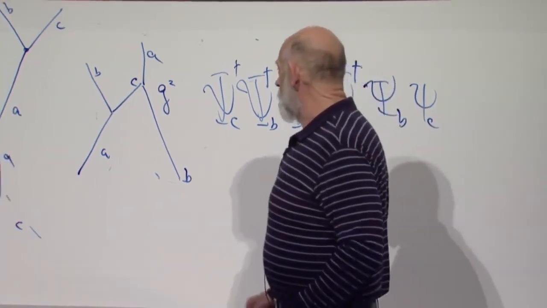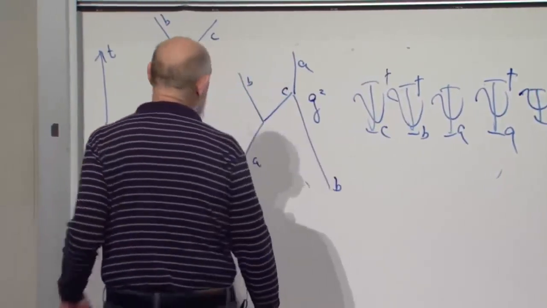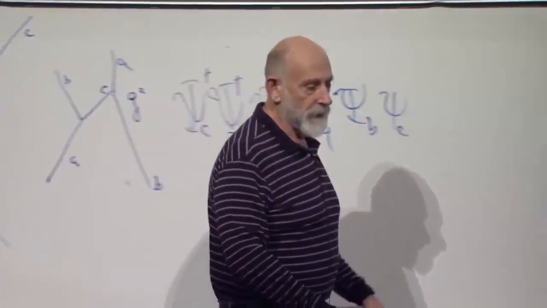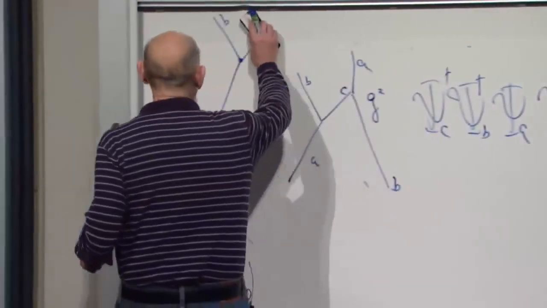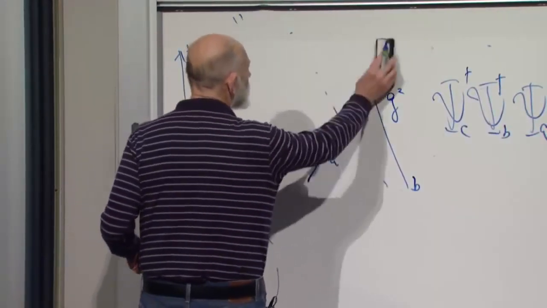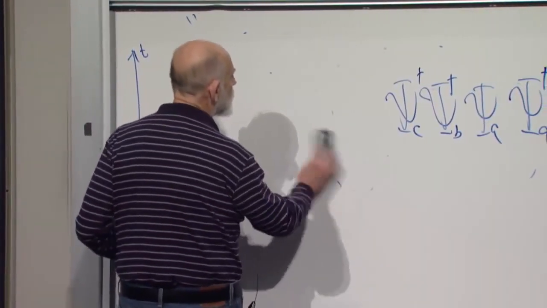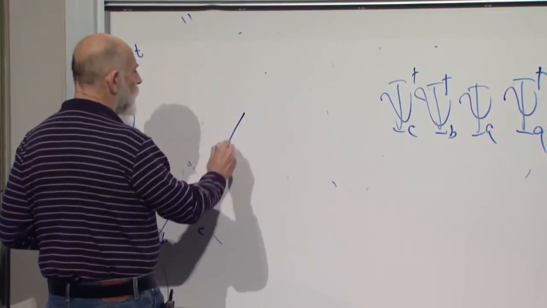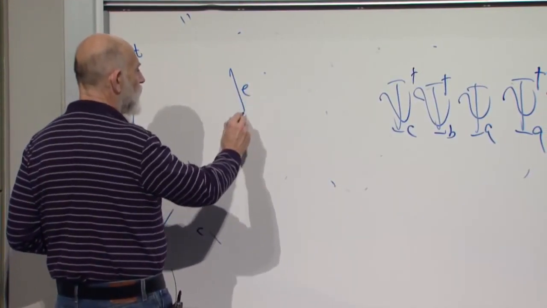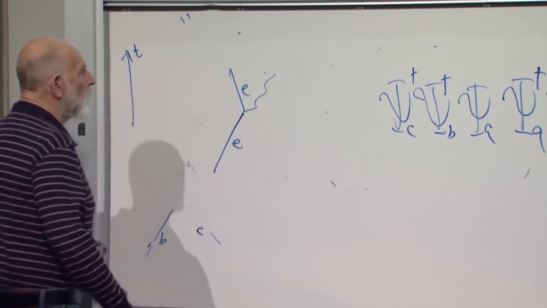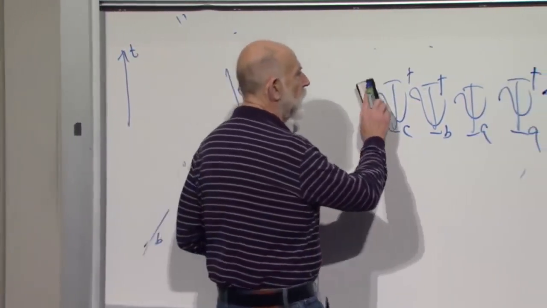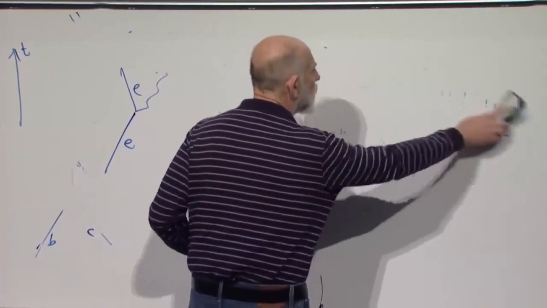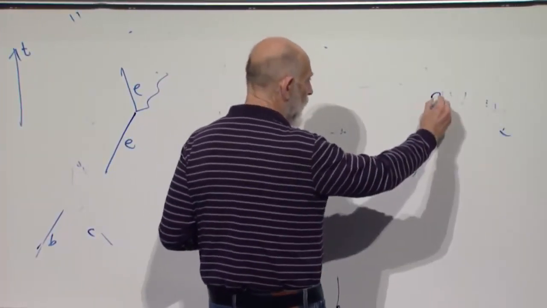So for example, in electron, one such process, one example of this would be an electron emitting a photon. Electron comes in, electron goes out, emits a photon. Okay, so the operator for that would be psi dagger electron.